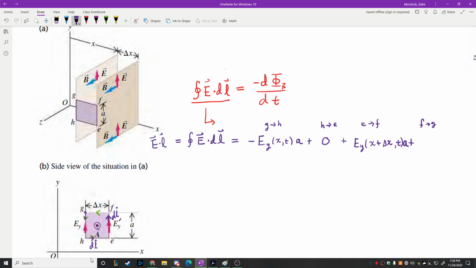So from F to G, we're going to get 0 again, because our path is like this, but the electric field vector is perpendicular. So all in all, what we end up getting is negative Ey of x and t plus Ey of x plus delta x at the same time, and then all of that's multiplied by a. That's what we get for doing the left-hand side of our equation, E dot dl.